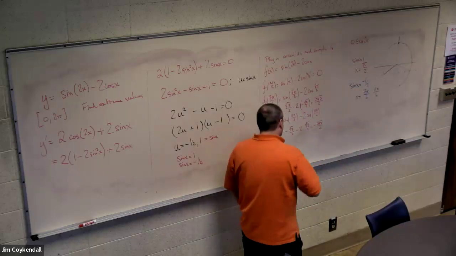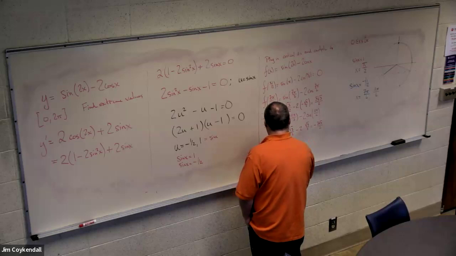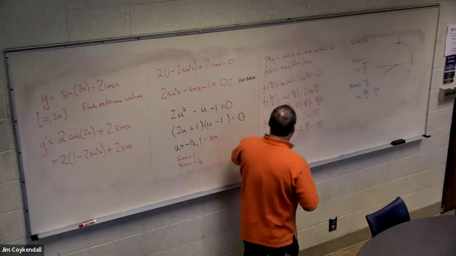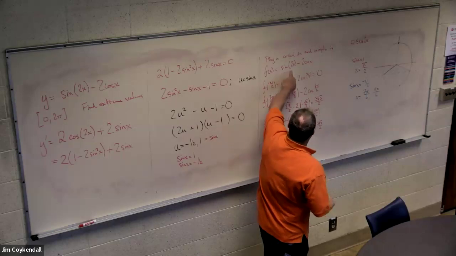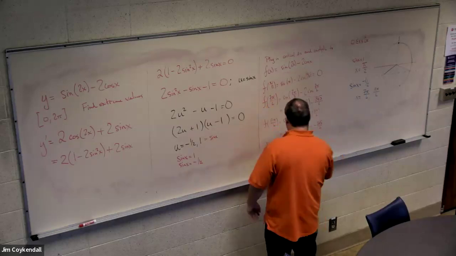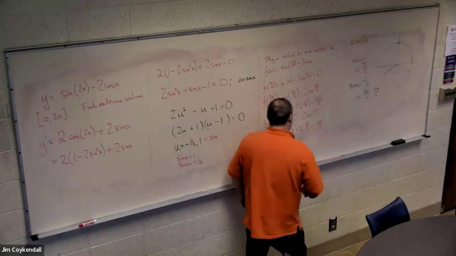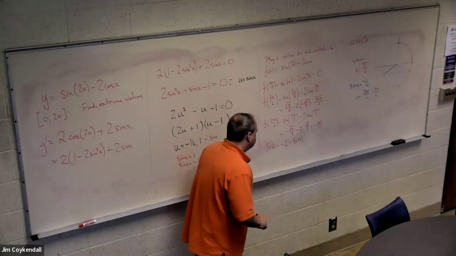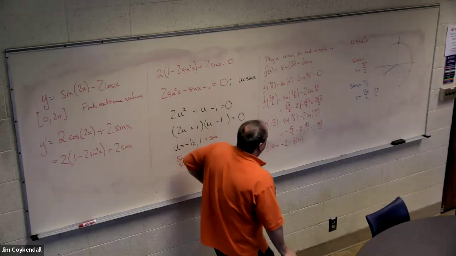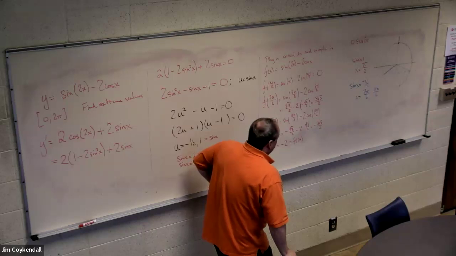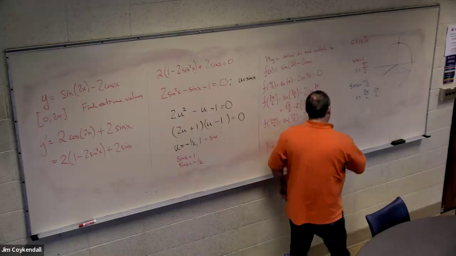Now, let's check the endpoints. What happens at the endpoints? Let's go with the sine of 0 minus, let's go with minus 2. This should be at 2 pi. Period. So now I've got it. Okay, so what's the minus?